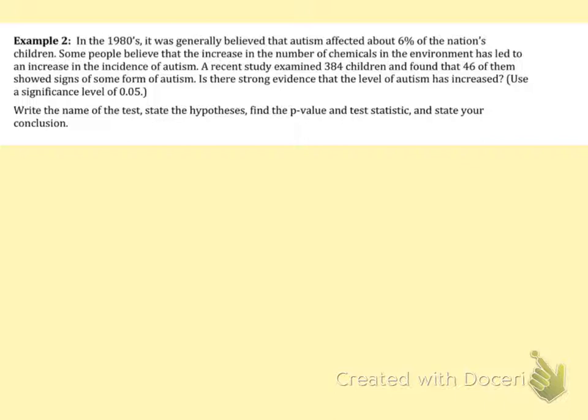And then it says, write the name of the test, state the hypotheses, find the p-value and test statistic, and state your conclusion. So we're going to start by checking the conditions. We want to make sure that all the conditions and assumptions are met for this test.